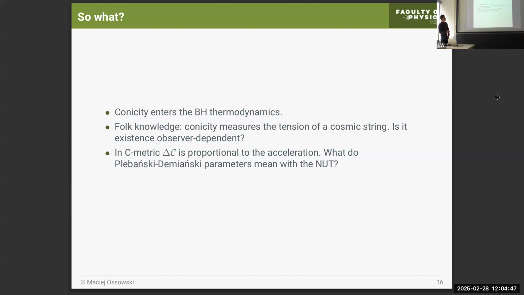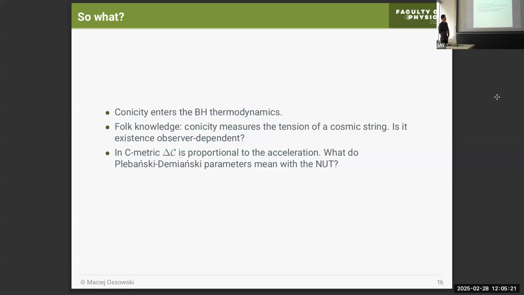However, if the conicity and the conicity difference is observer dependent, then does it mean that the presence of the cosmic string is observer dependent? This certainly shouldn't be so. And finally, in the Plebański-Demiański spacetime, the acceleration parameter was tied to the difference of conicities, and then it's interpreted as the acceleration of a black hole.